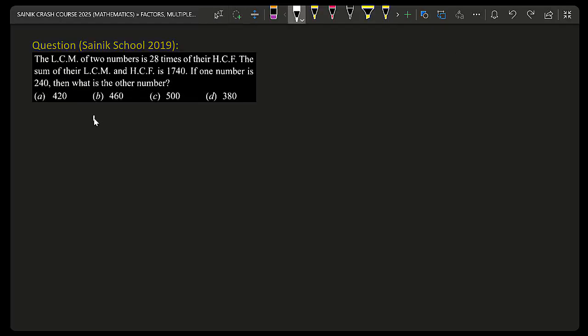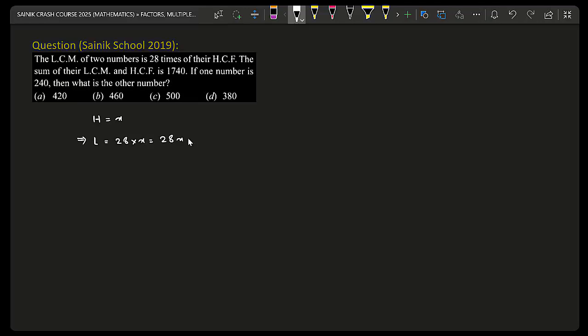Okay, so according to Mayuk, HCF he called X. Then what will happen? Sir, in the question, LCM is 28 times x. Very good. According to the question, LCM is 28 times the HCF, so 28 times X is 28X. HCF is X and LCM is 28X. Okay, go ahead.